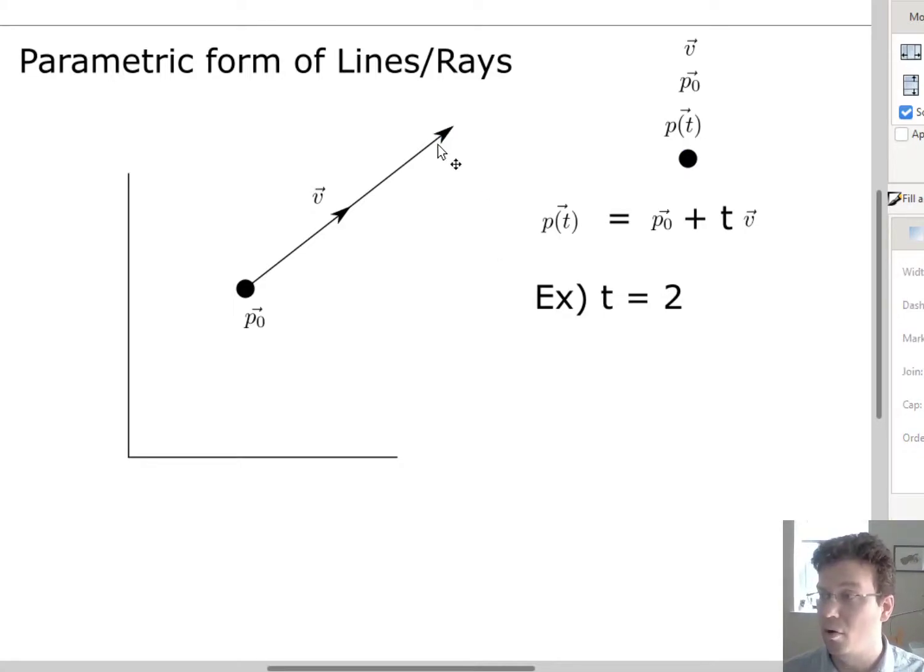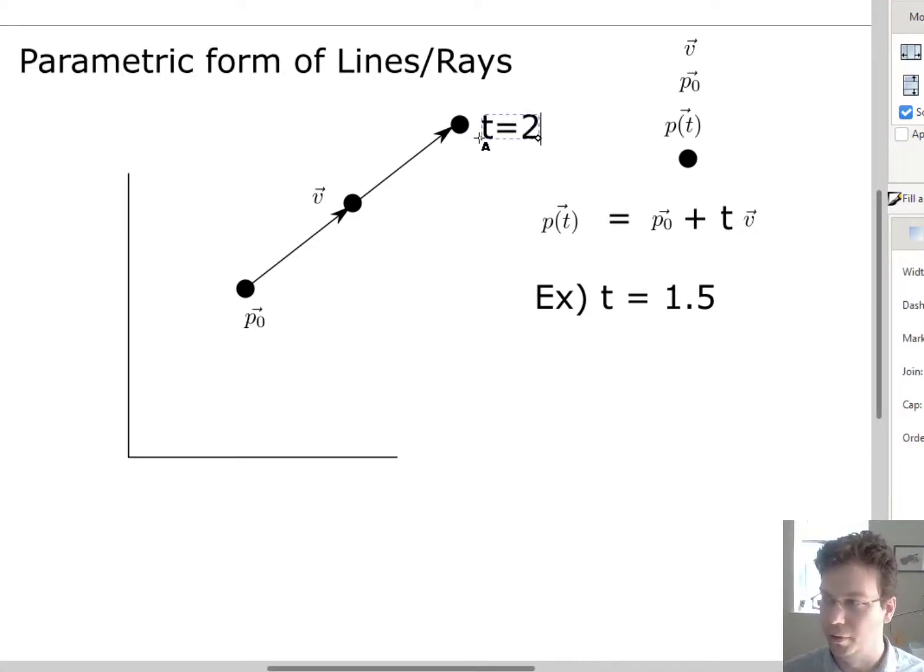But I can get to all points on the line. So, you know, I don't have to choose an integer. I can certainly choose 1.5 as well. And then that'll be, you know, halfway in between the 2 points I showed you before. So here's T equals 1. Here's T equals 2. So I'll just label them here.